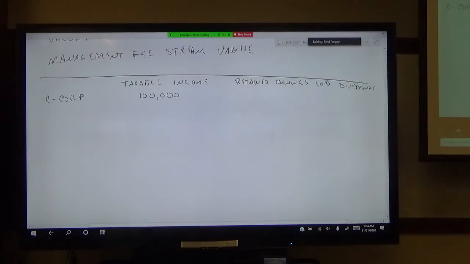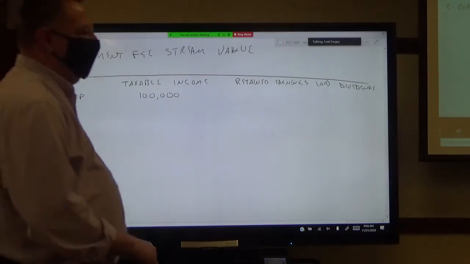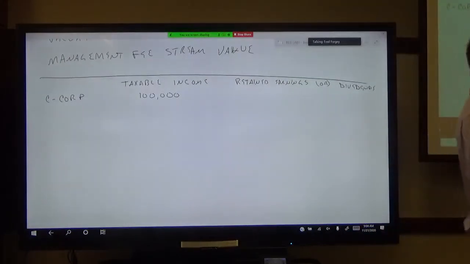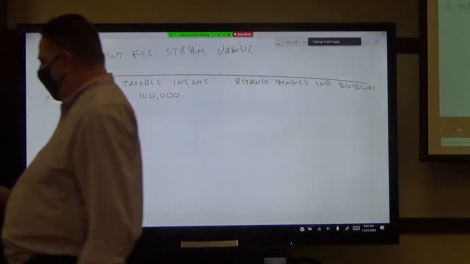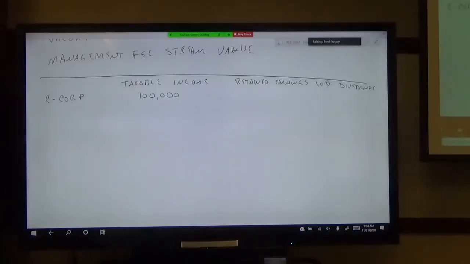Okay? Retained earnings means that you would keep all of that $100,000 within the corporate ownership, and so all of that taxable income would be here in retained earnings, meaning that you would be taxed on that retained earnings according to whatever the corporate tax rate is, okay?